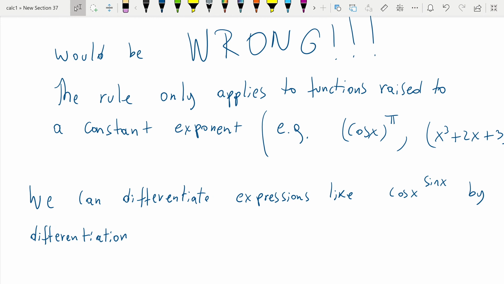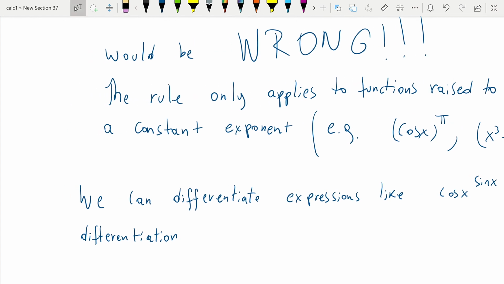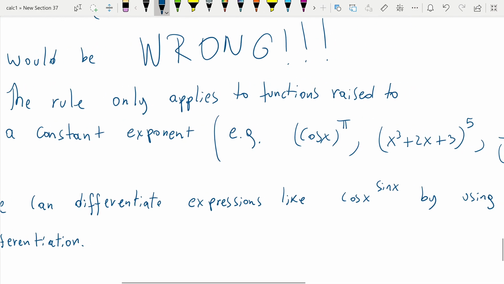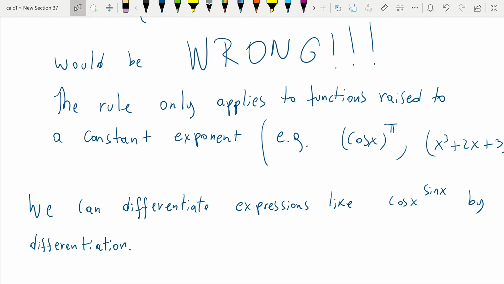So what's the deal here? Remember, applying the generalized power rule to functions raised to functions is incorrect. The generalized power rule, just like the power rule, only applies to functions raised to a number. I'm getting ahead of myself a little bit, but I want to point out that this is what we're going to learn.